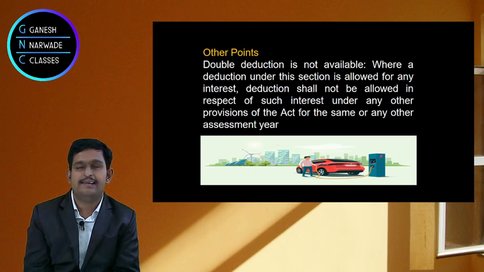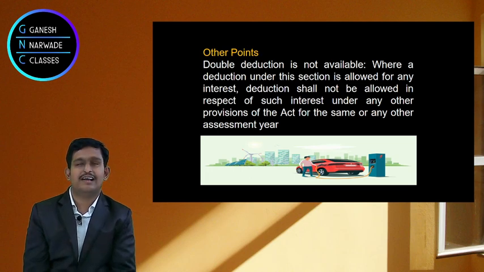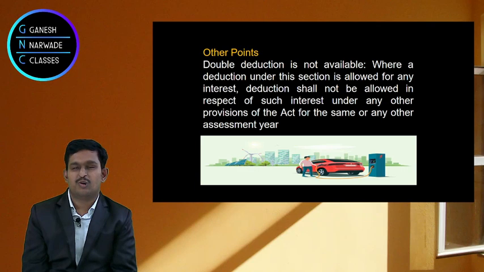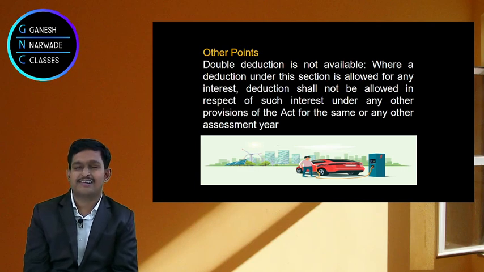So 80EEB is the only option. Still, the government has to write the law, so they wrote, if you take the deduction under this section, don't take deduction under any other section. So enjoyed? Yes. Become environmental warriors.